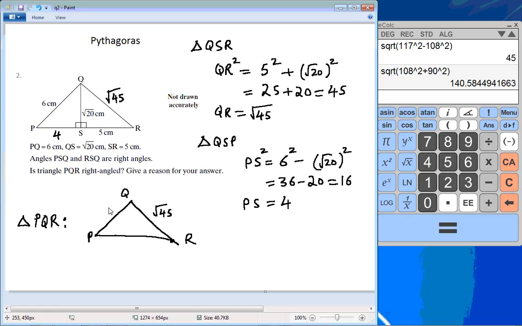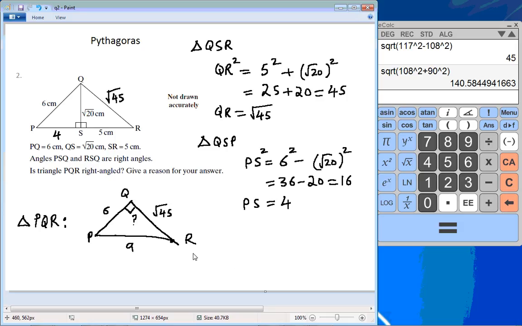And this length is 6. And this length, 4 plus 5, is 9. Now, if this angle is 90 degrees, question mark, then the square of this side plus the square of this has to be equal to the square of this.